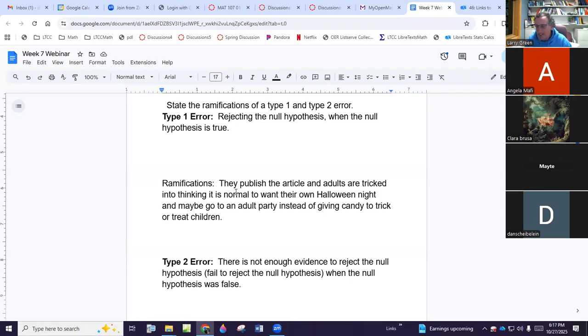H1 is true because I rejected H naught. What you never do is say H naught is true. All you say is, I don't have enough evidence to say H naught is false, which is not the same thing as saying H naught is true.